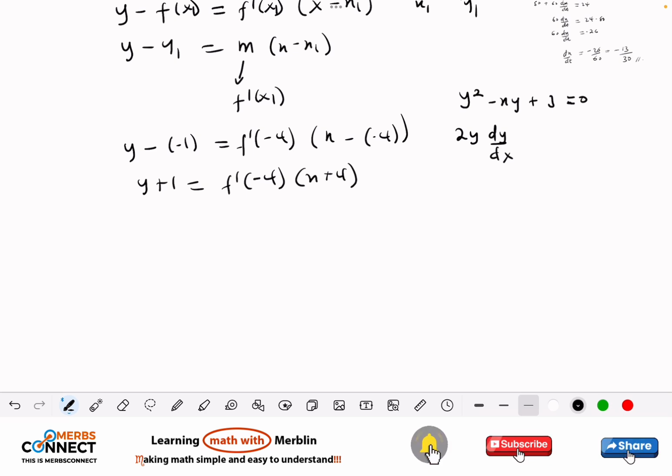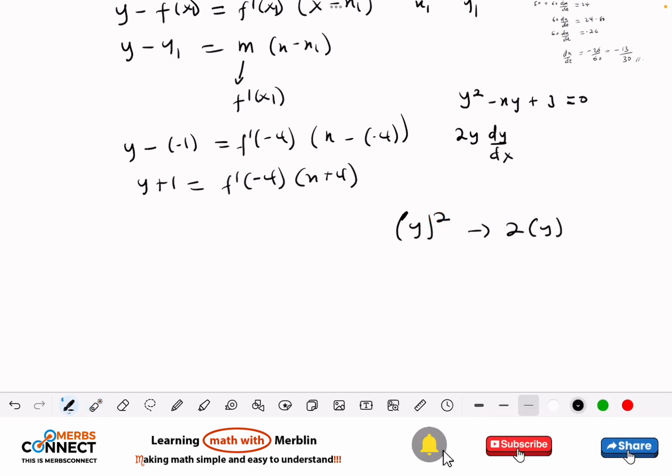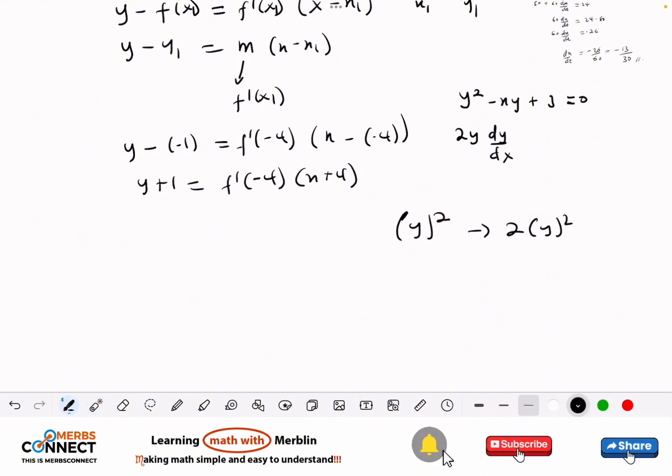The idea is the chain rule that I showed you, we have y squared. So using the power rule to do this, the 2 comes down, right? Then you maintain the y in the bracket. When the 2 comes down, you will write this one again, then you subtract 1.